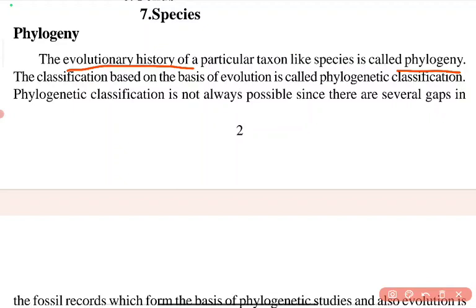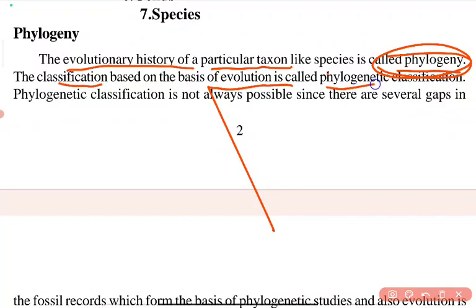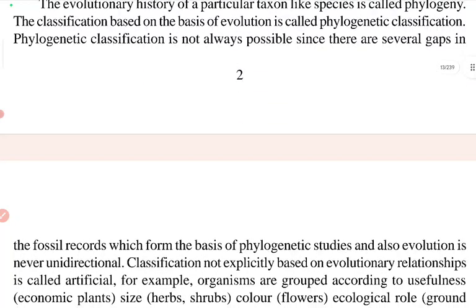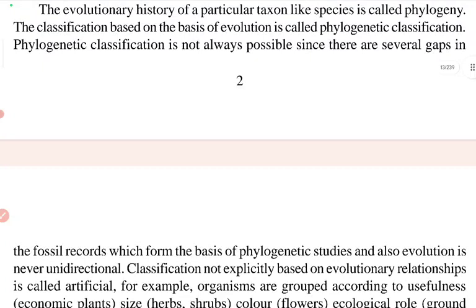Okay, so evolutionary history of any particular species or taxon will be called phylogeny. Now the classification based on the basis of evolution is called the phylogenetic classification. Friends, if any classification is based on their evolution, then that will be called phylogenetic classification. Okay, definitely you will enjoy and you are enjoying the video. I hope this.